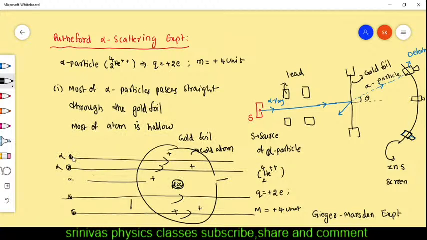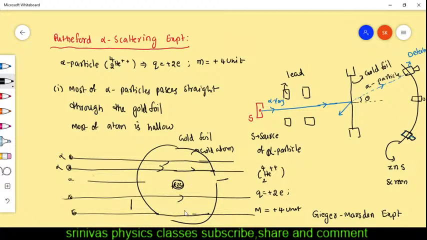This alpha particle is also repelled by this positive charge and can bend, and all the alpha particles should be scattered. But practically, most of the alpha particles go straight without any deviation. That means positive charge is not distributed throughout the atom. J.J. Thomson's model is wrong.